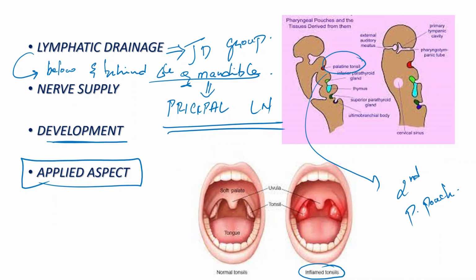During removal, the surgeon has to be careful as the paratonsillar vein is closely related to the tonsil, and this vein may be damaged, producing excessive venous hemorrhage. So the paratonsillar vein and its location is very important during the surgical handling of the palatine tonsil.